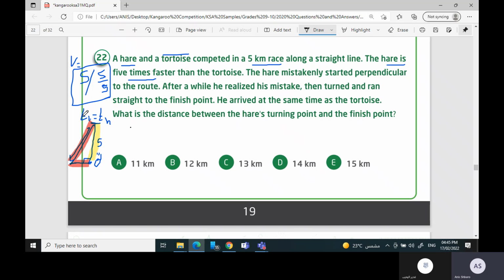I got that the time is equal. So the time it took the tortoise here is equal to this time. And I have the speed for each one. So of course, let's go back to physics. We're going to draw the triangle.